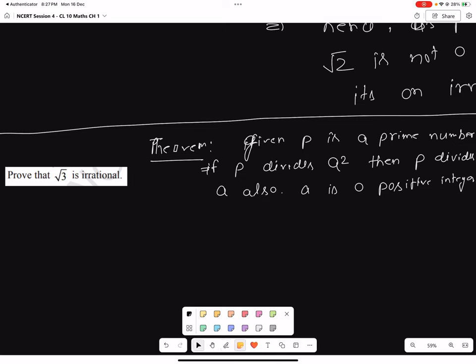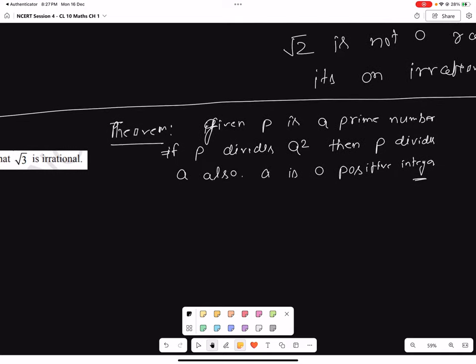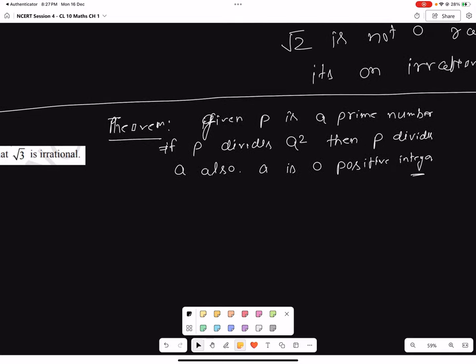So when you start writing your answer, you have to write this theorem. If you do not write this theorem and just say as per a theorem we can say this, the examiner is not going to give you the full marks, because you have to first write the theorem.